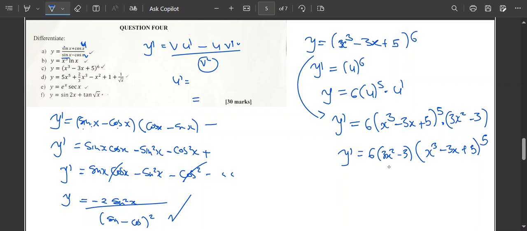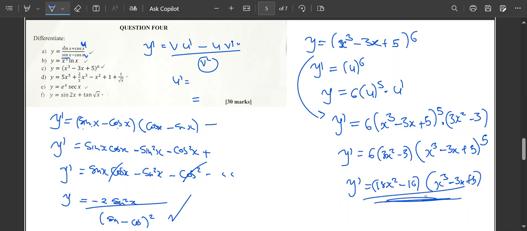Okay, so this you can leave at this point, or we can distribute there inside. So y prime is equal to 18x squared minus 18, then x to the power 3 minus 3x plus 5. Then this is what you are supposed to do to differentiate that one.